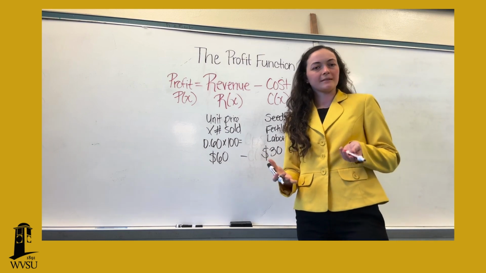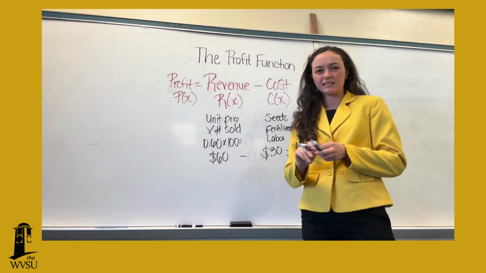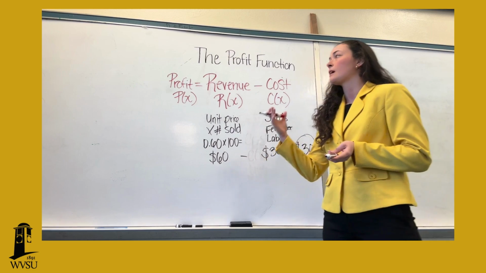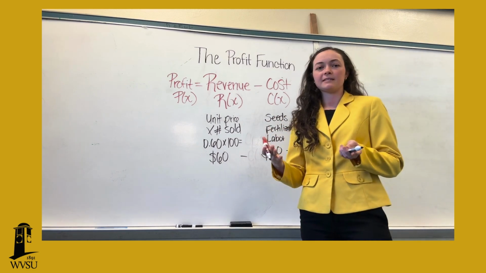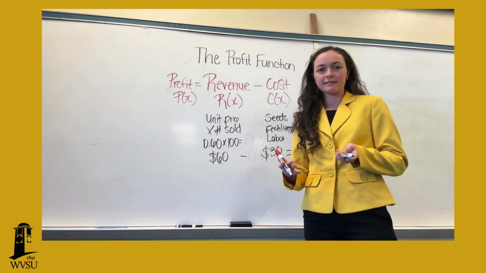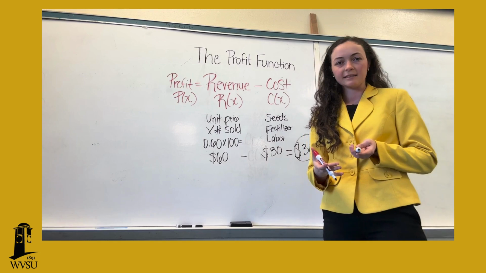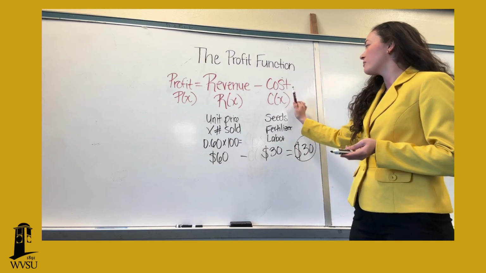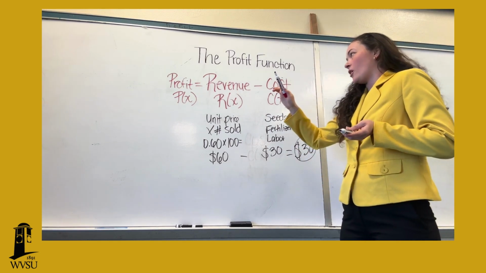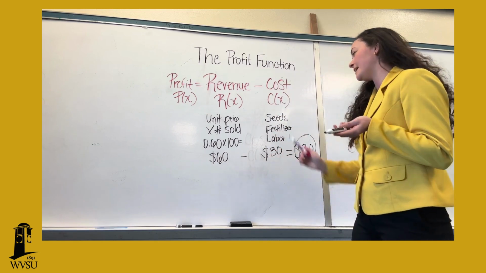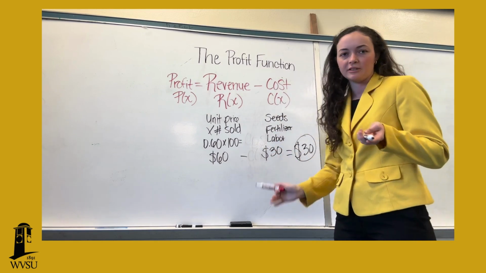Now, this was a pretty simple example, just to get an understanding of this. But in real agribusiness, this can be a really complex and important thing to understand. We often have a lot of costs that are much more complex than just adding up seeds, fertilizer, and labor.